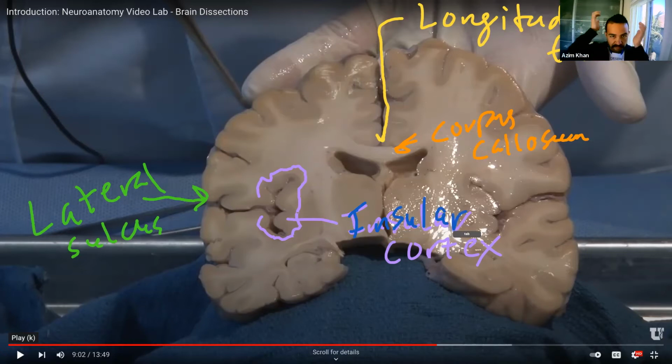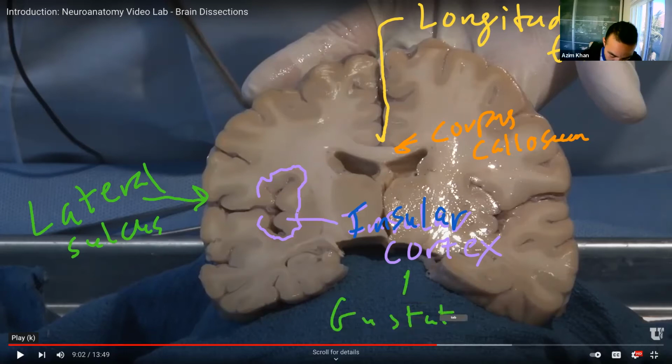Because it's hiding, it's folded over. What the insular cortex is important for is processing taste. Within the insular cortex, you have the gustatory cortex. Gustatory means it's referring to taste. So the gustatory cortex, where we process taste information, is found within the insular cortex.